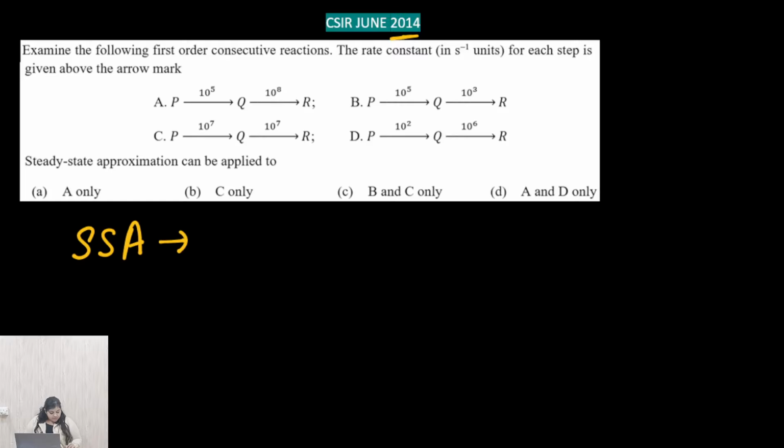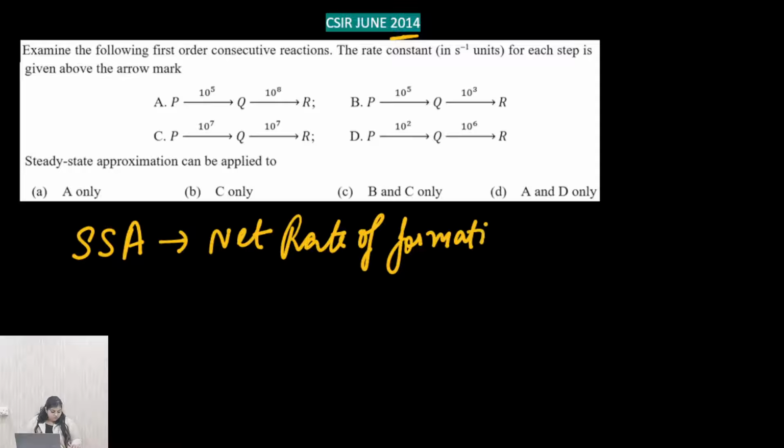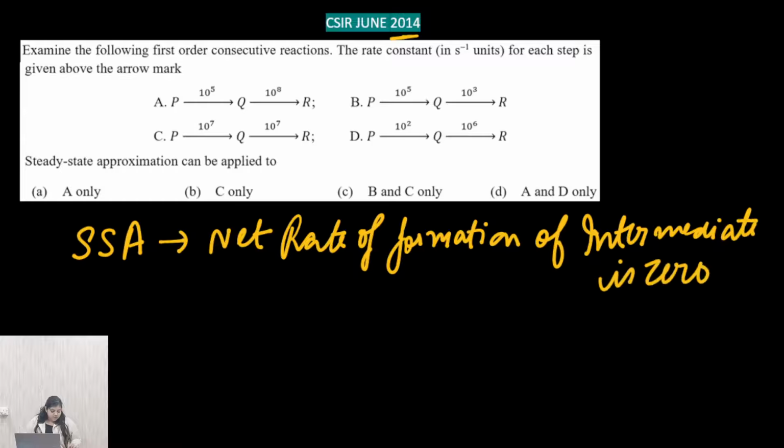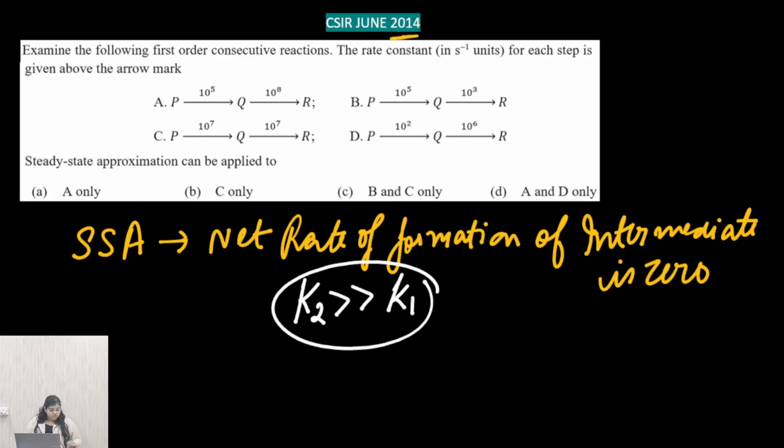Now SSA means the net rate of formation of the intermediate is zero. So these intermediates are short-lived species which are formed in the reaction and are consumed during the course of the reaction only. And this SSA condition we can apply when the rate constant K2 is much greater than the rate constant K1.